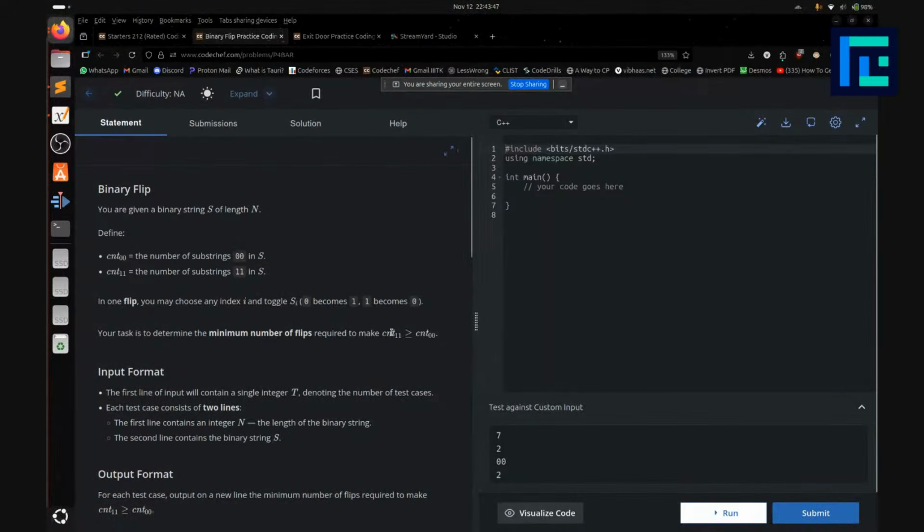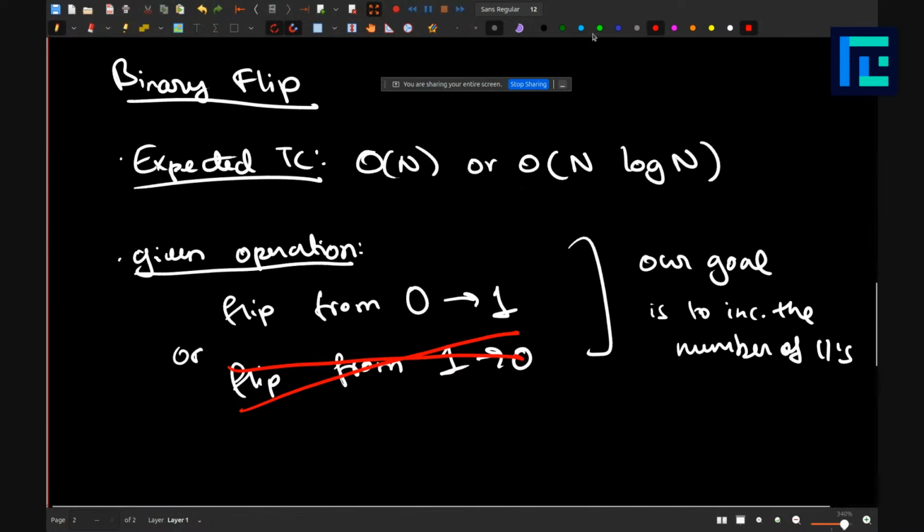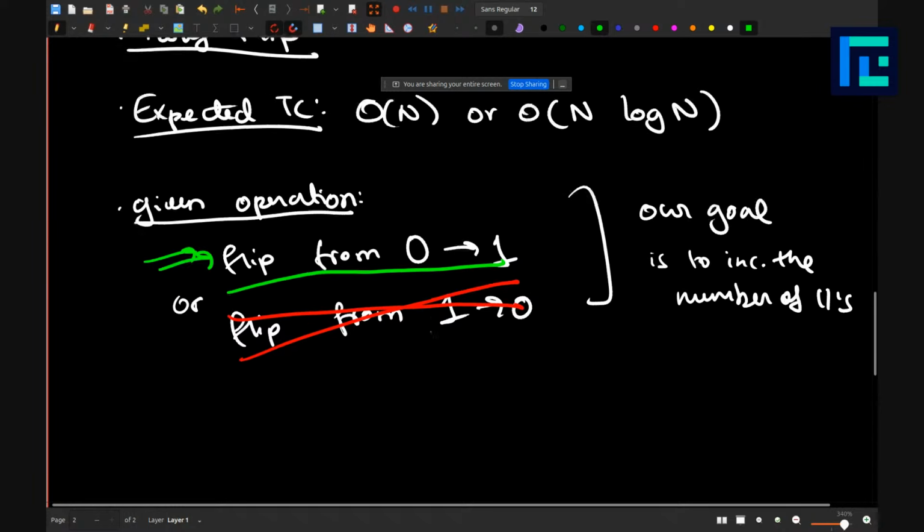If there are not enough 11s, we want to make more 11s. That's our goal. So basically we will never do the second type of operation. We will never do this, because this always hurts our answer, right? We will only do the first type of operation. There's no sense in flipping from 1 to 0, because we want to increase the number of 11s. So we will always flip from 0 to 1.